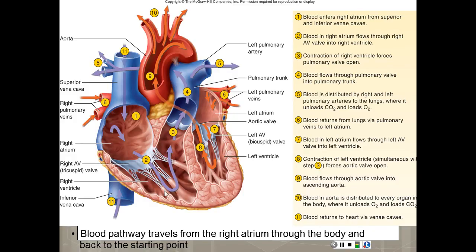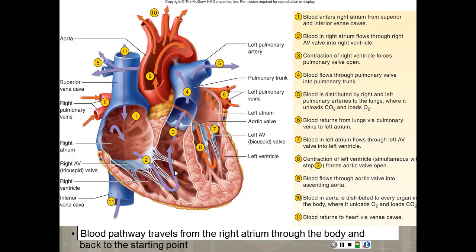When pressure is built up and felt within the walls of the ventricles, it's going to contract. That right ventricle is going to contract and force all that blood out through the pulmonary valve, because it's going to open.